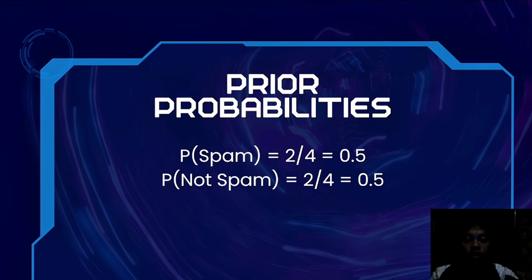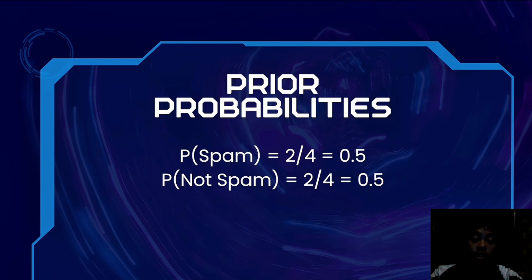Here are the prior probabilities. We calculate the prior probability, which is the probability that a random message is spam or not spam. P of spam is equal to 2 divided by 4, which is 0.5, and P of not spam is also 2 divided by 4.